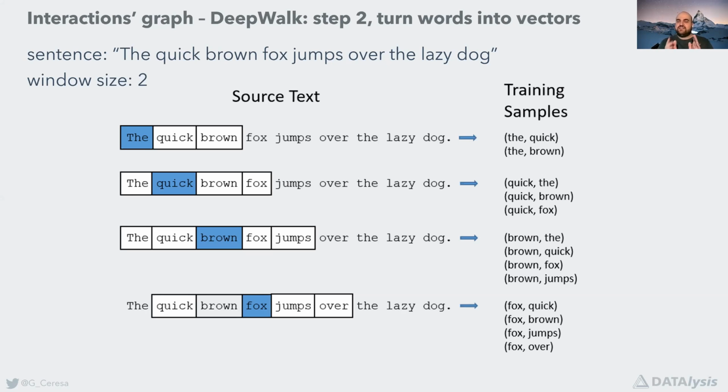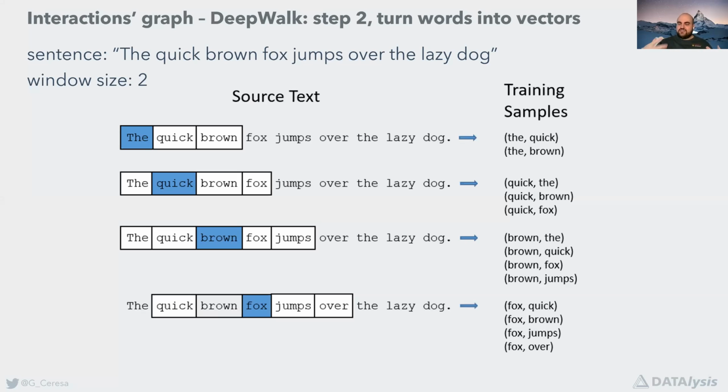A window size of 2 means I have to look 2 words on the left and 2 words on the right. That means for fox, I generate pairs: fox quick, fox brown, fox jumps, fox over. It's really just the neighborhood of the word. It just gives me the context. The context of fox is quick, brown, jumps, and over.